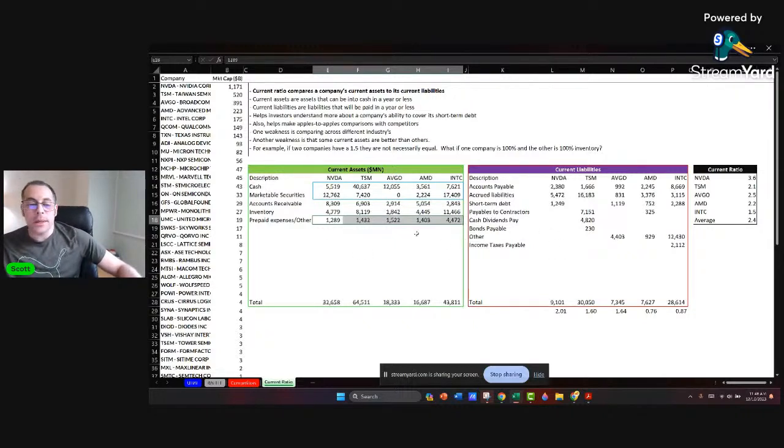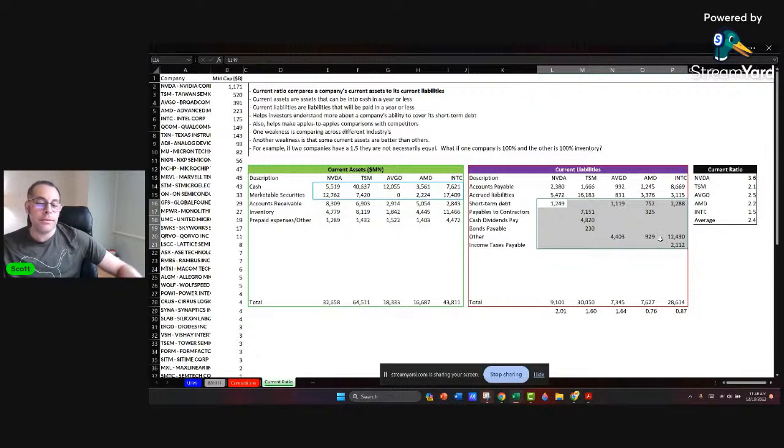But then, if you wanted to look at a different view, you can say, well, some of the stuff may not be owed for another 9 months.